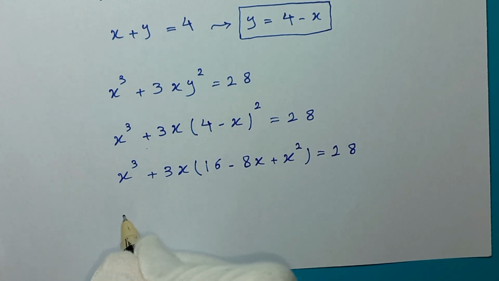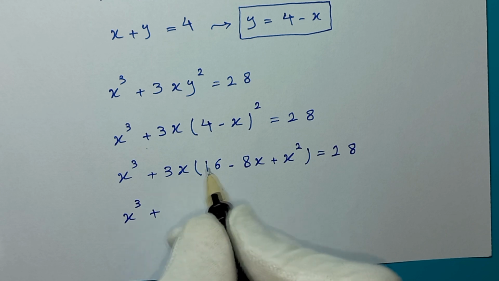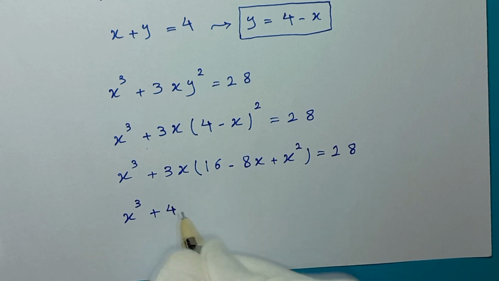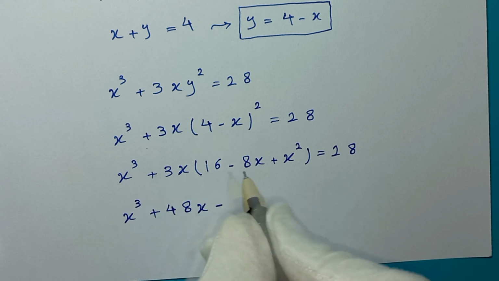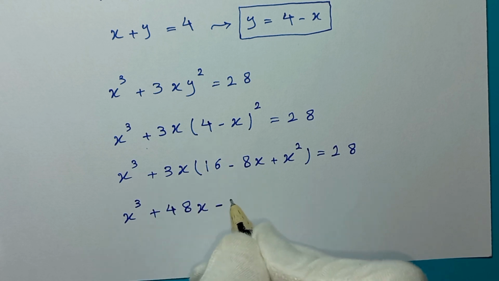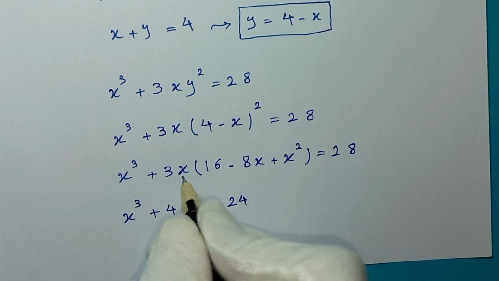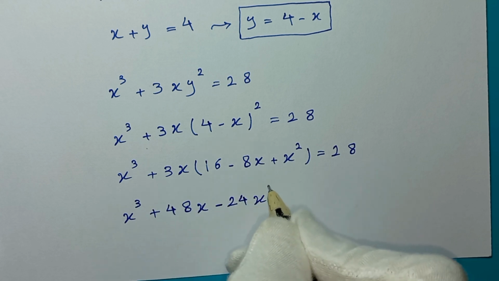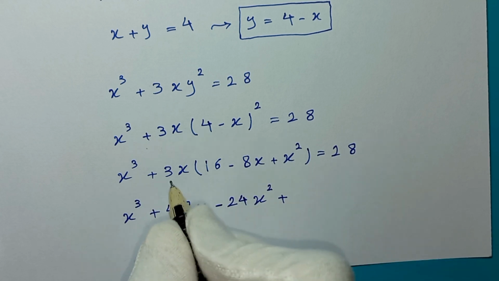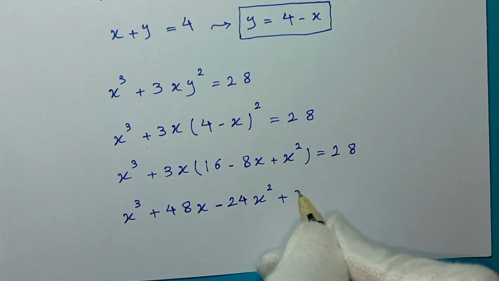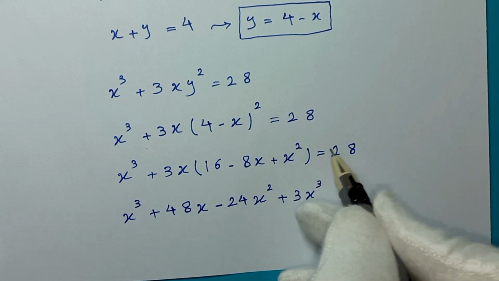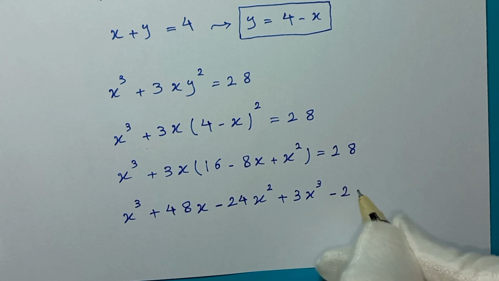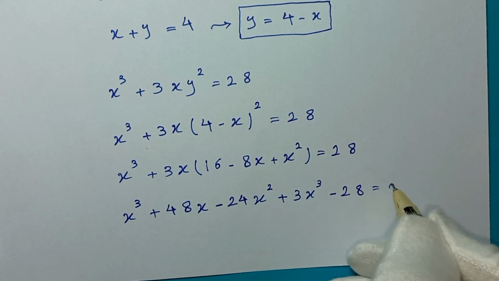And it will be x cubed plus 3x times 16 is 48x, minus 3 times 8 is 24, and x times x is x squared, and 3x times x squared is 3x cubed. And we take this 28 to the left side, so it will be minus 28 is equal to 0.